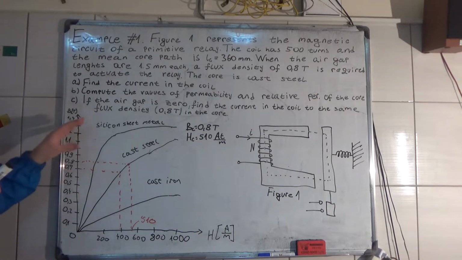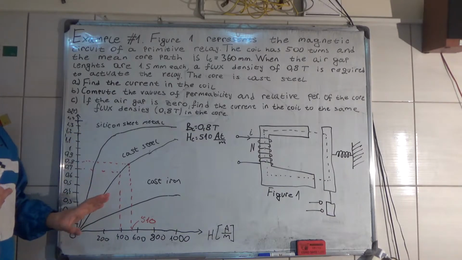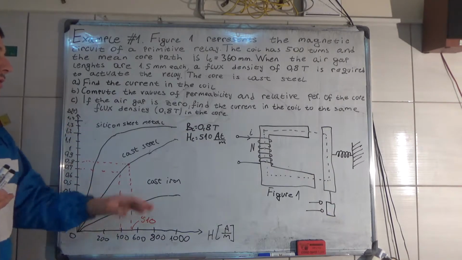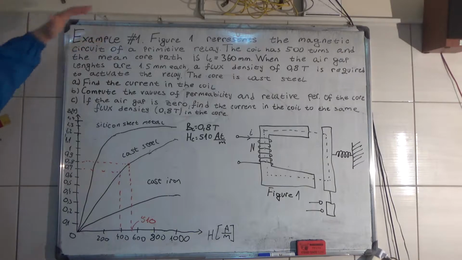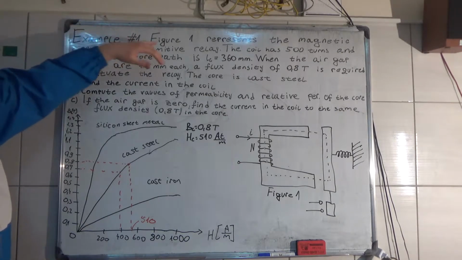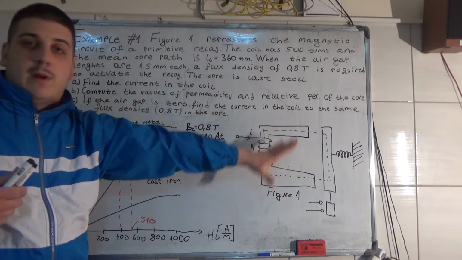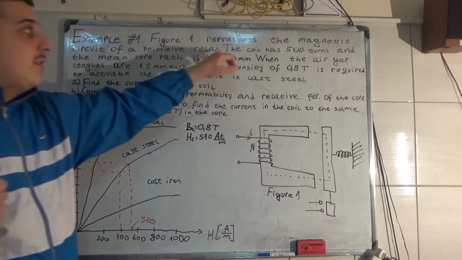Now, I left this from my previous video, but I'm going to clean this up when I explain what's going on. So here, I don't know if you can see very well. Example 1 says, figure 1 represents the magnetic circuit of a primitive relay.